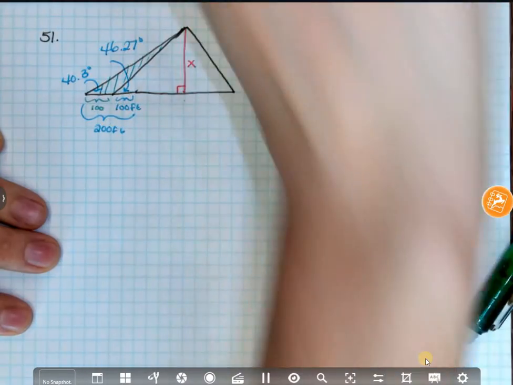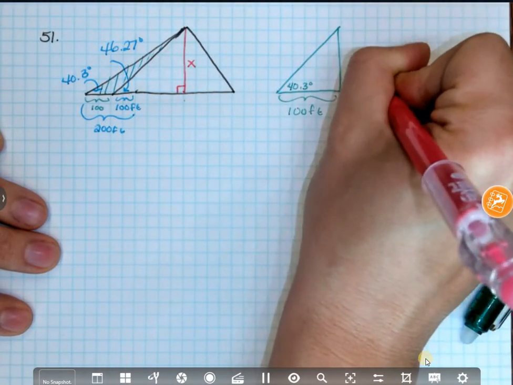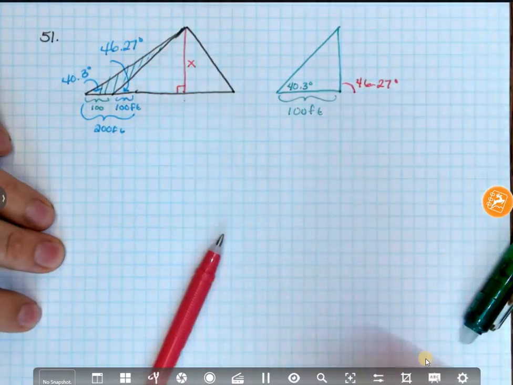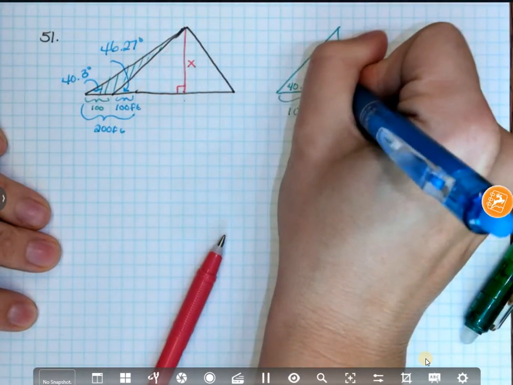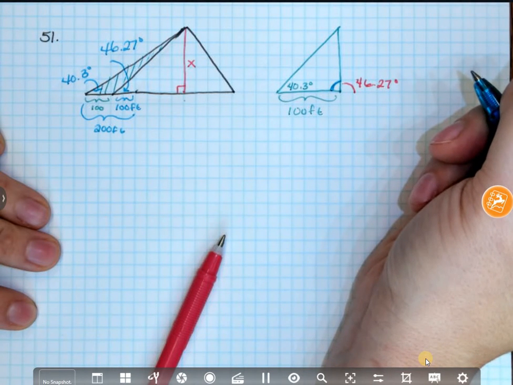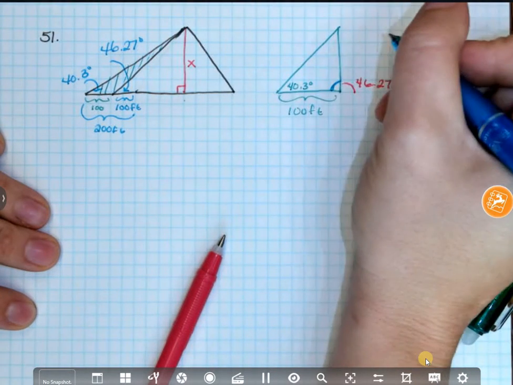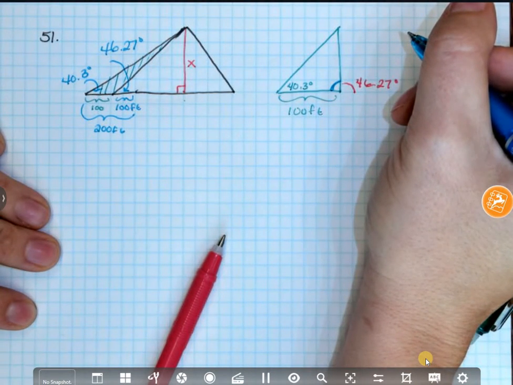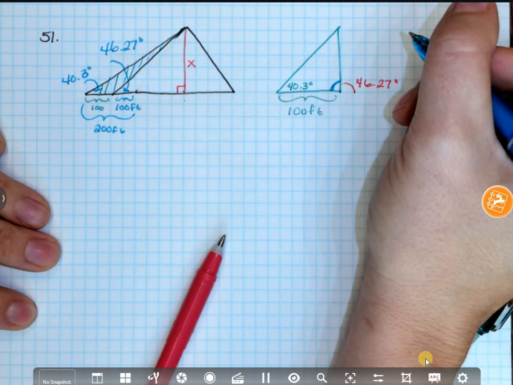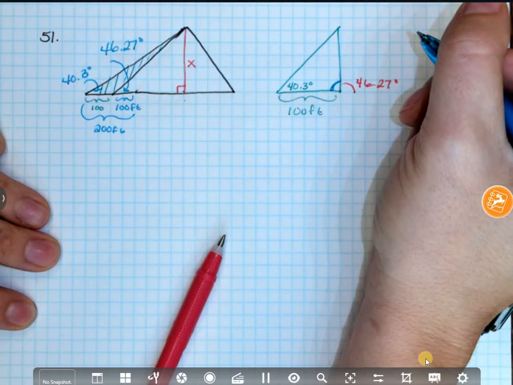I knew that I had an outside angle here, an exterior angle of 46.27 degrees. So what is that going to make this piece in here? What is it? Did I leave a digit off of this?